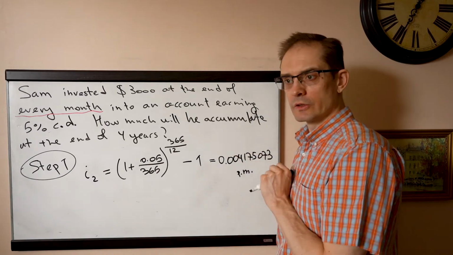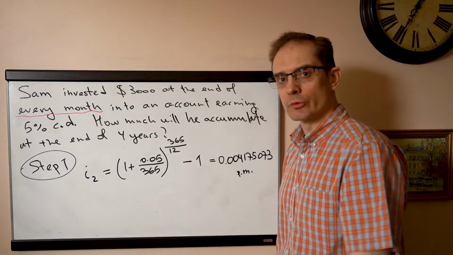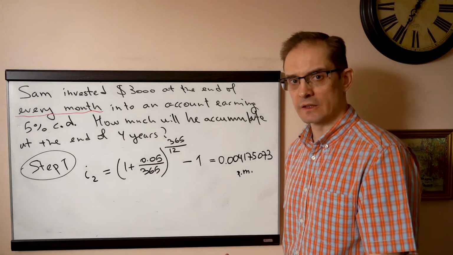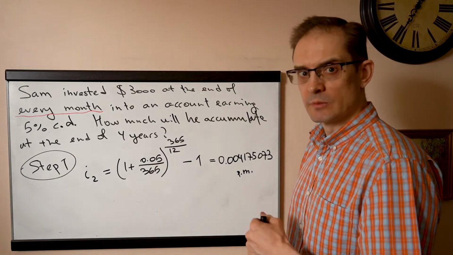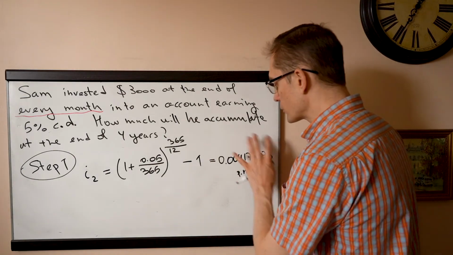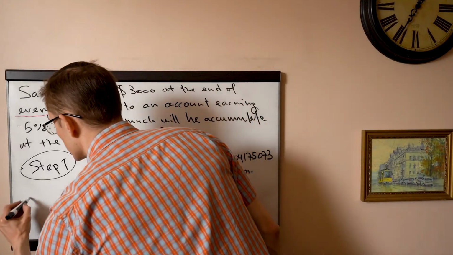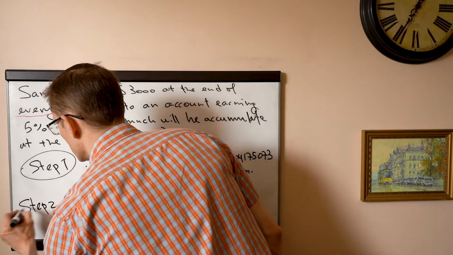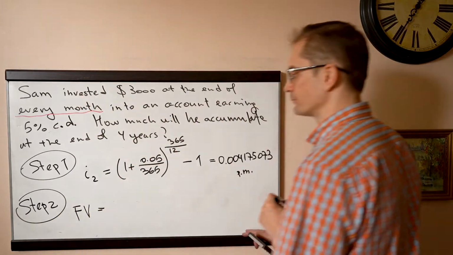That's very important. Why does it become simple? Well, because now our rate is compounded monthly, okay? So that's why this annuity is now a simple annuity.